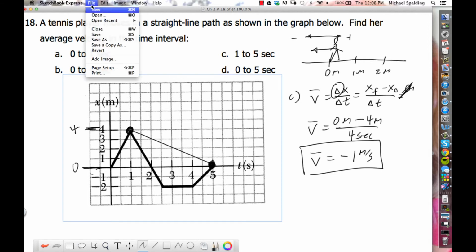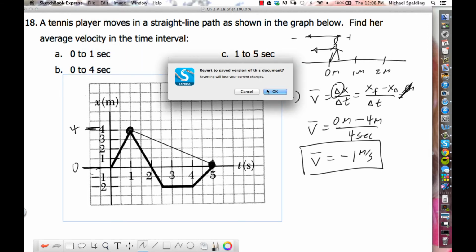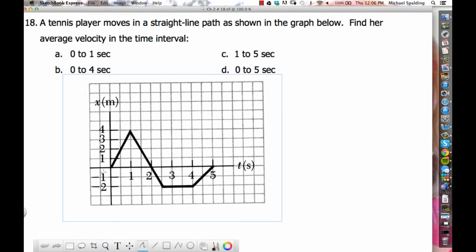Okay, and the last part, from 0 to 5. So here's 0 seconds, here's 5 seconds. Her average velocity is displacement over time.